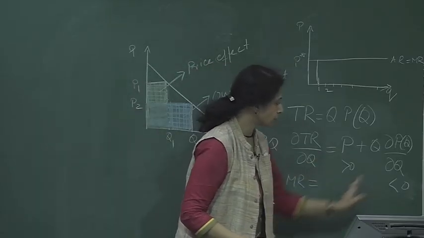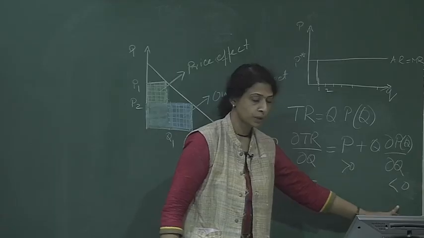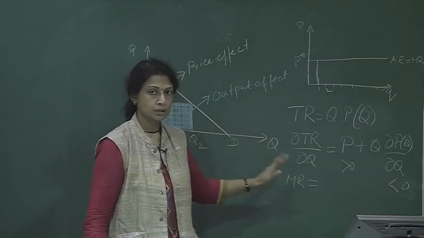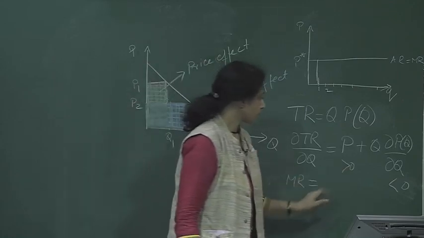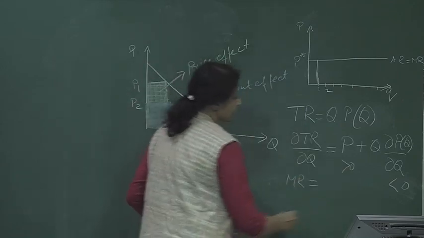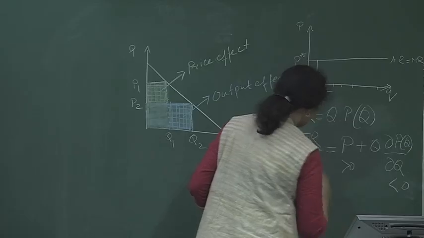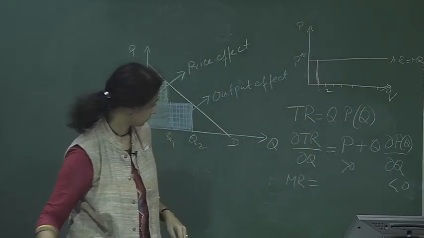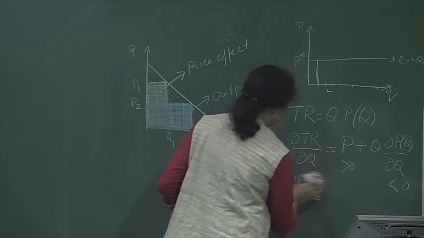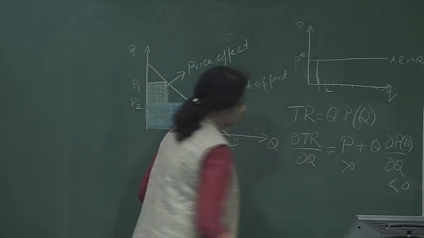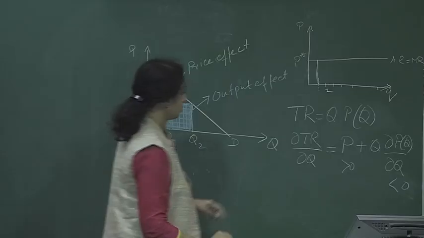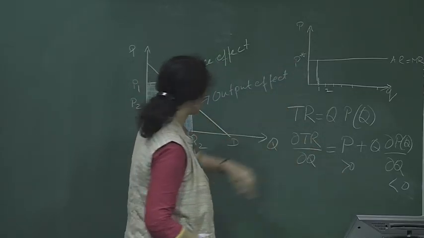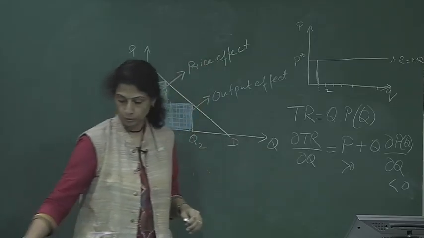One is the positive part, the other is the negative part, and the net is going to determine the marginal revenue. Since this is negative, P is always greater than marginal revenue.